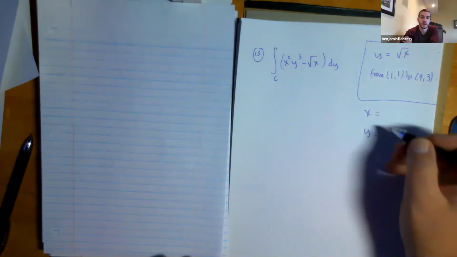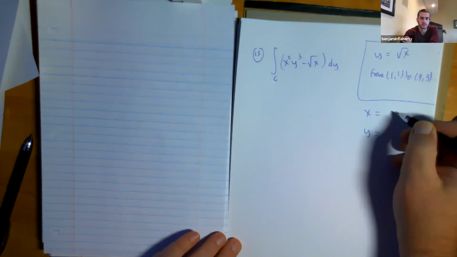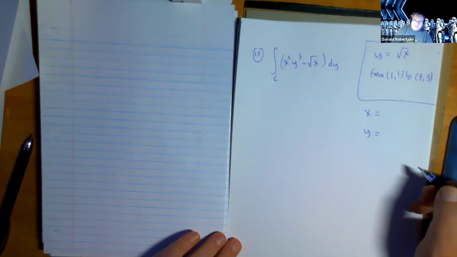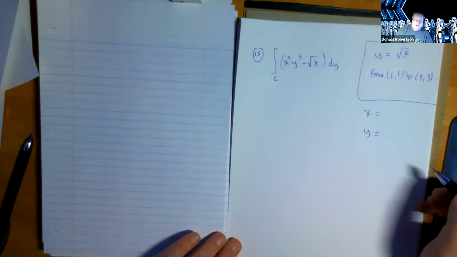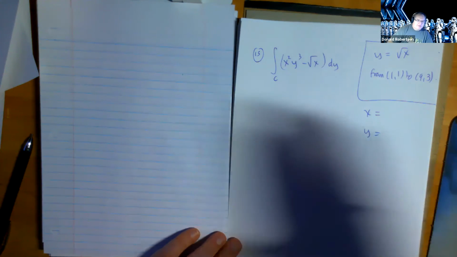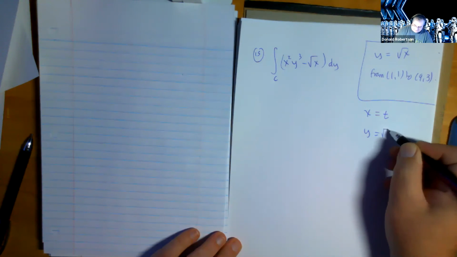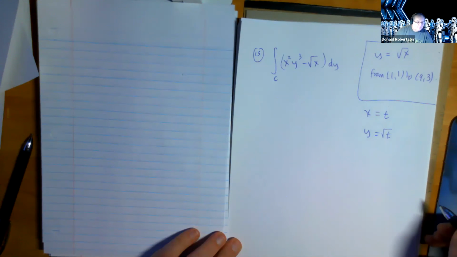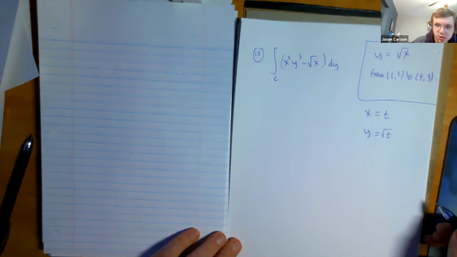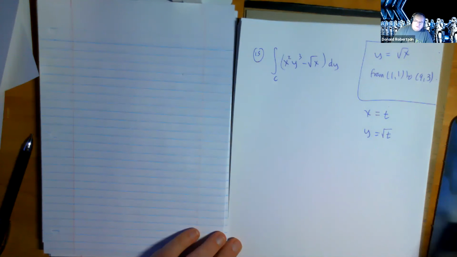Would it be x squared plus or minus y equals some value? Oh, you're making it much messier than it needs to be. I'm not saying that won't work, but think a level down. Think simpler. x equals t and y equals the square root of t.